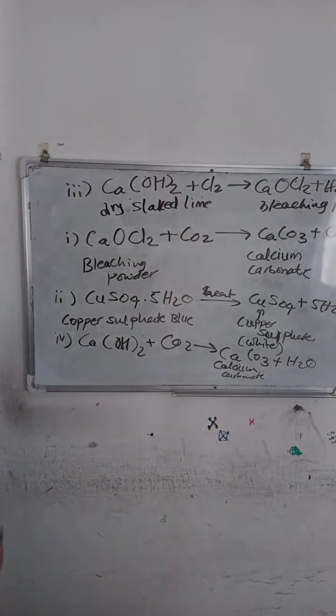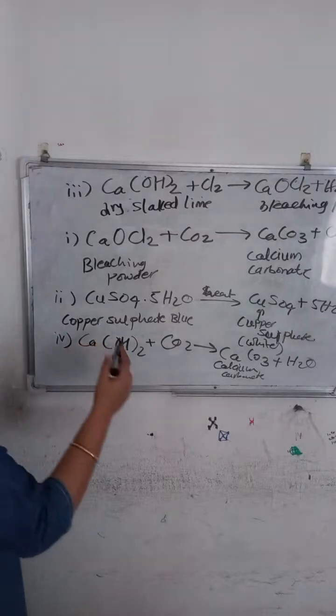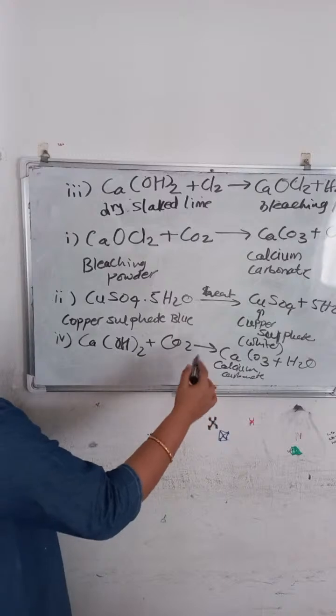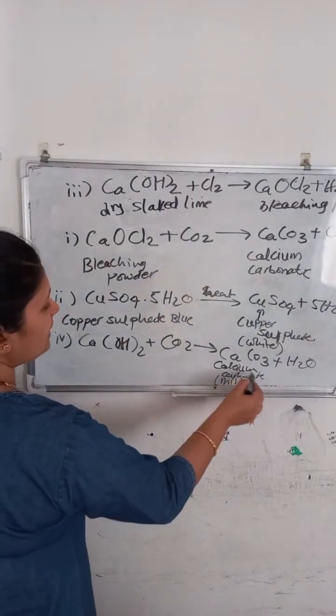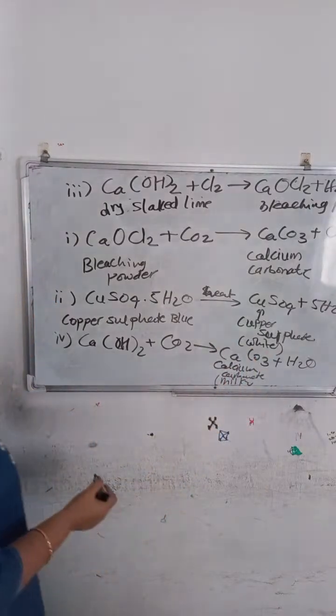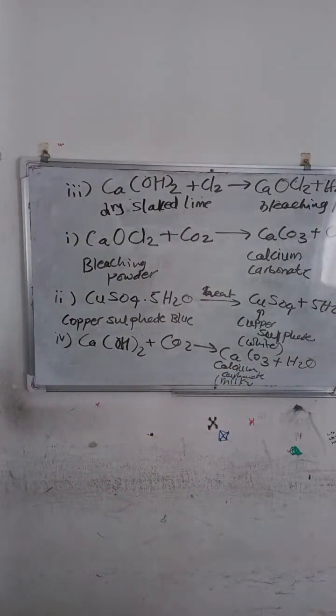Whenever you pass carbon dioxide through lime water or calcium hydroxide, the output calcium carbonate turns the water milky white. And if you pass excess CO2 through the lime water, the color vanishes. So this is the reaction, and here the reaction is balanced.